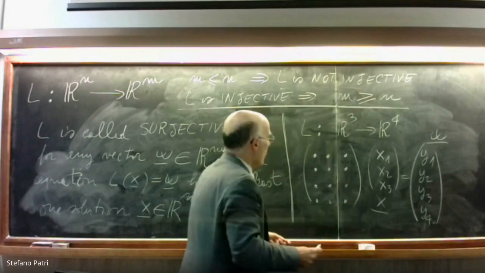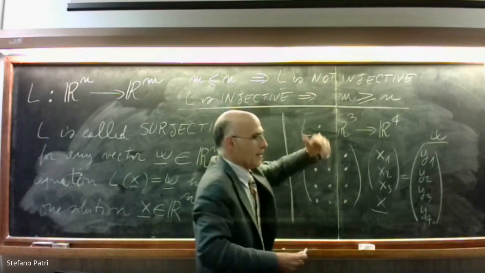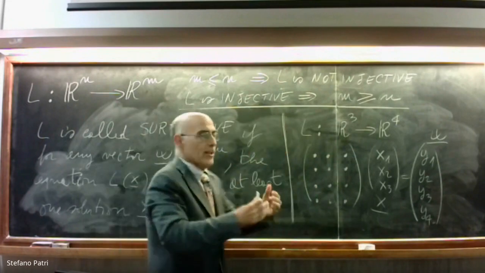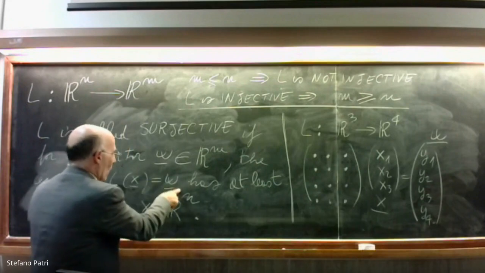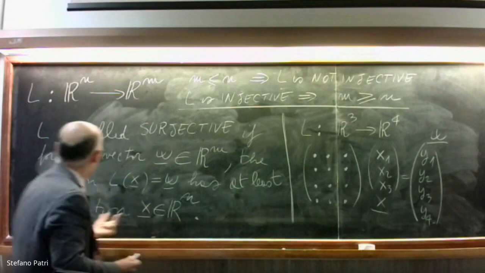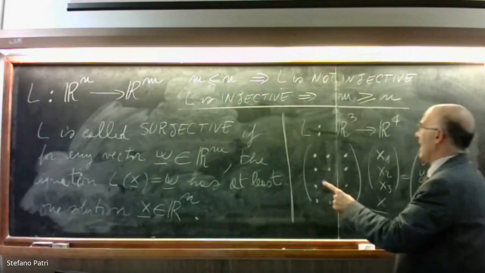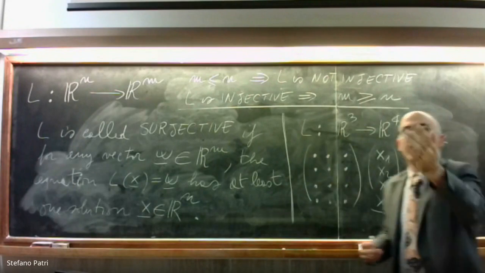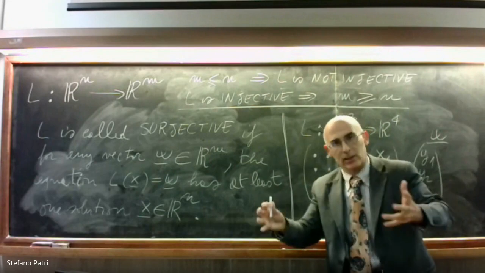Well, if this rank would be 3, the maximum possible, it cannot happen that for any W, this equation has always a solution, at least one solution. And L is surjective if this system has always solutions, we can say in other words.